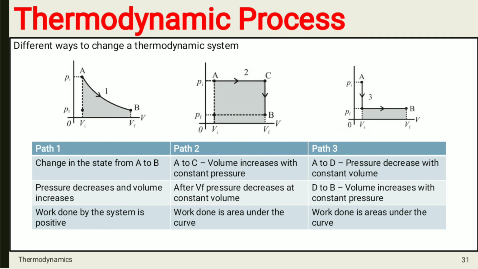In case of the first diagram, it takes the direct path from A to B and its work done is different. If it takes the intermediate states, as in the second figure it's C and in the third figure it's D, work done in both the cases will be different.